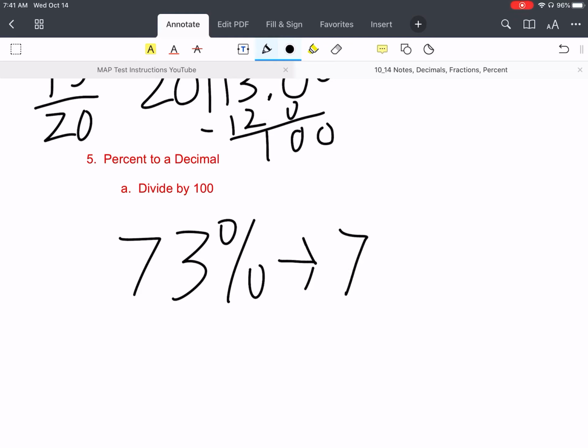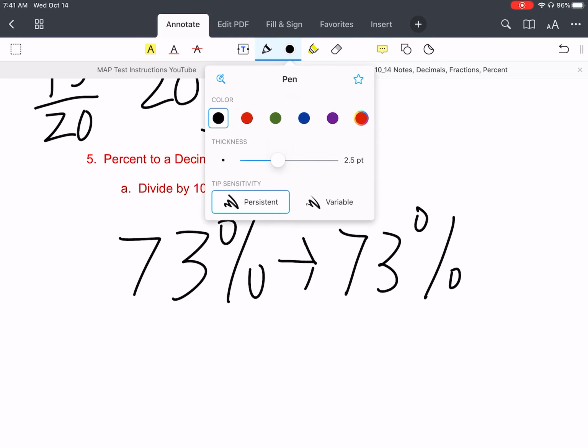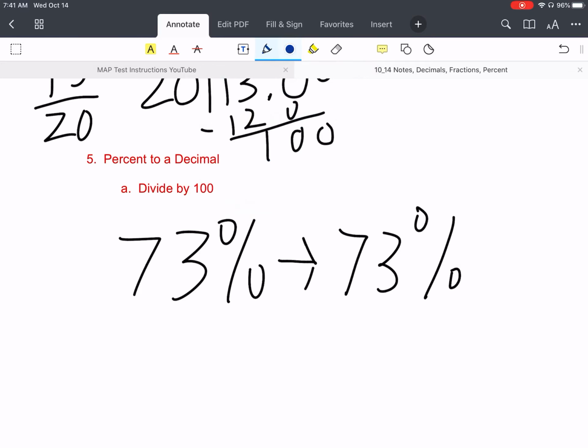We're going to need to imagine our decimal point being here, because we can think of that as 73.0 if we want. And the decimal point is going to move 2 to the left, which will equal 0.73. If you want to add the 0 there, you can.